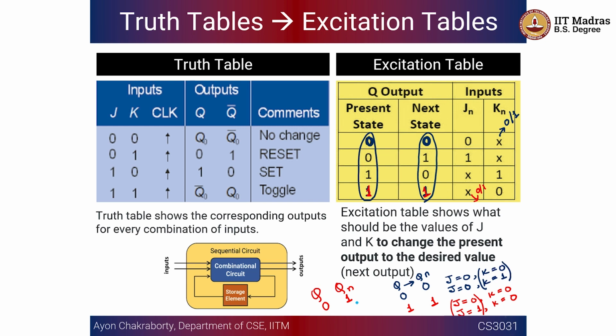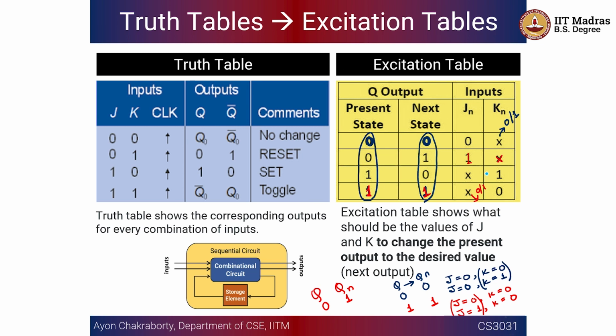So it is basically 1 0 or 1 1. It could either mean a toggle or a set. Okay, so that's why it is 1 and don't care. So you can just appreciate the truth table of the previous things that I have taught to understand this excitation table.